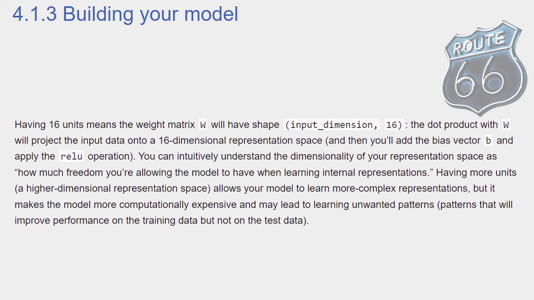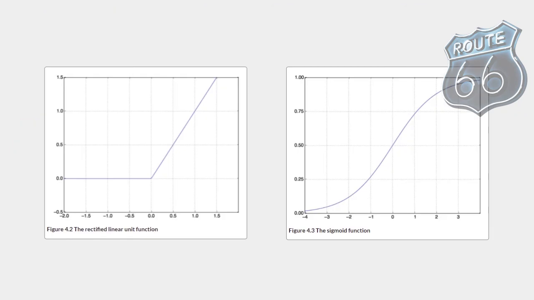You can intuitively understand the dimensionality of your representation space as how much freedom you're allowing the model to have when learning internal representations. Having more units, a higher-dimensional representation space, allows your model to learn more complex representations, but it makes the model more computationally expensive and may lead to learning unwanted patterns that will improve performance on the training data but not on the test data.